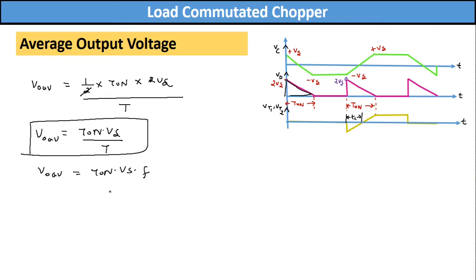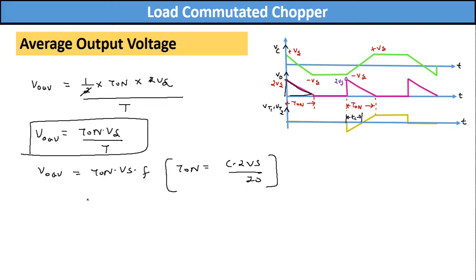Now we can find T on from equation number 1, the capacitance equation. From the capacitance equation, T on will be equal to C into 2Vs divided by I naught.